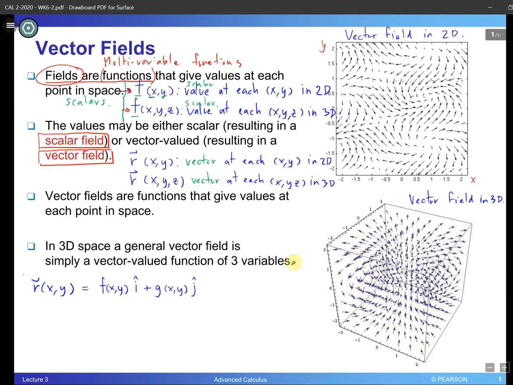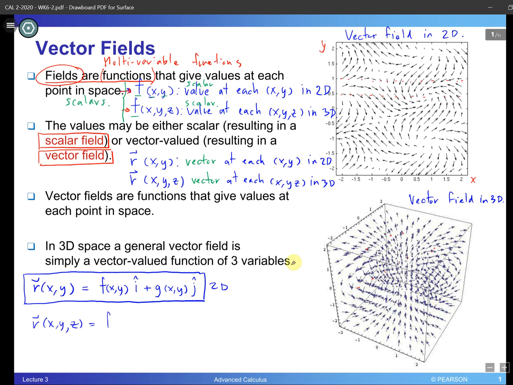So what you see right here is the expression of the vector field in terms of components, and this one is for two-dimensional space. And of course, I need to write another one for 3D. It's going to be the vector field for 3D right here, x, y, and z, and this time we have three components.